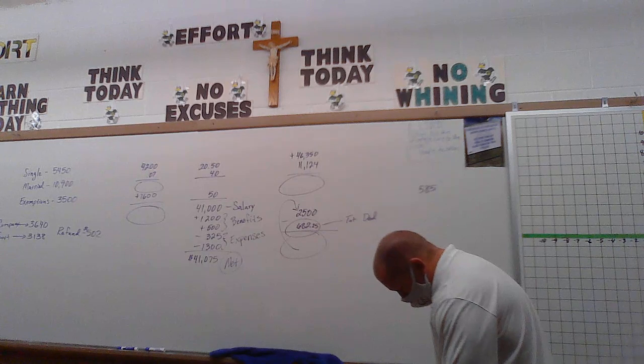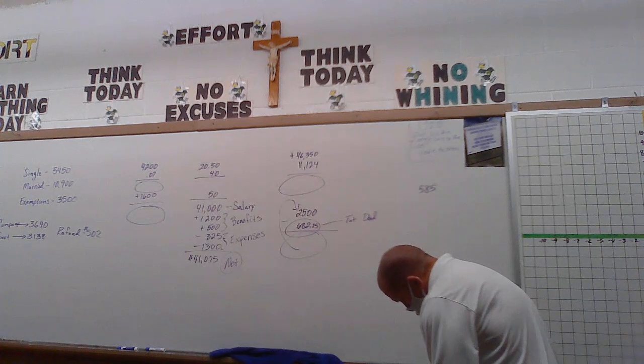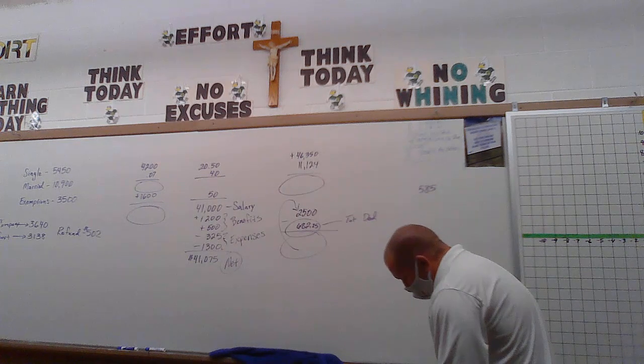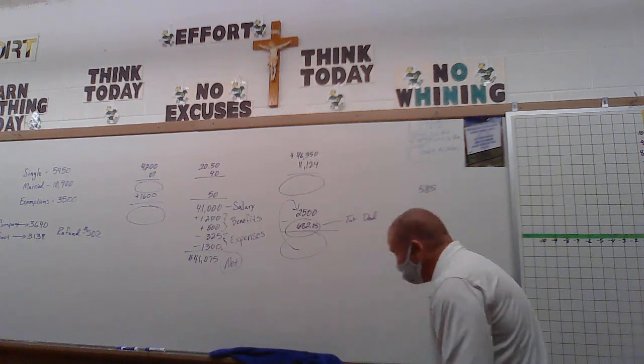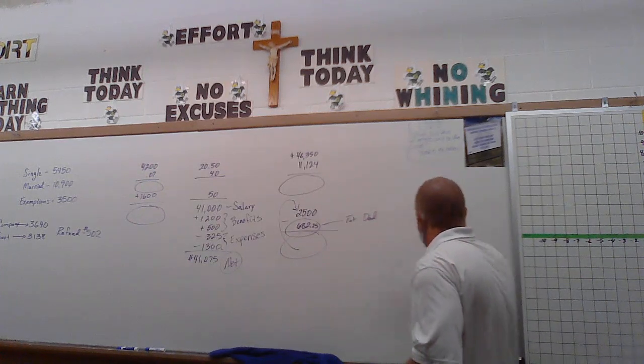Go to the married one, so it might be 42 actually. Go to 585, and what do you get for 2? 30. Okay? So 585 minus 30.